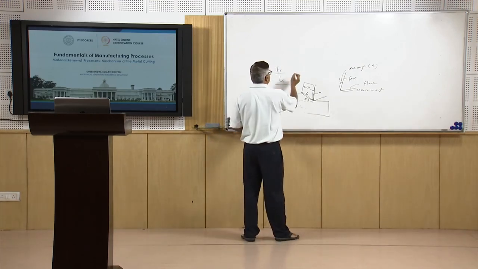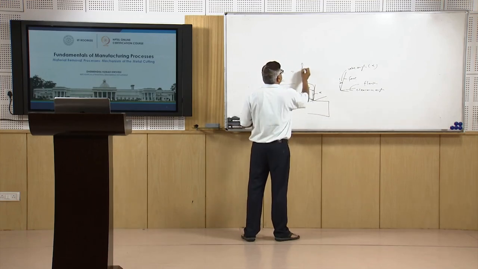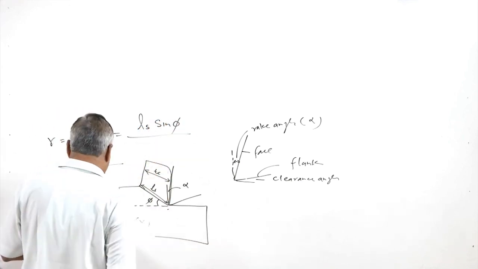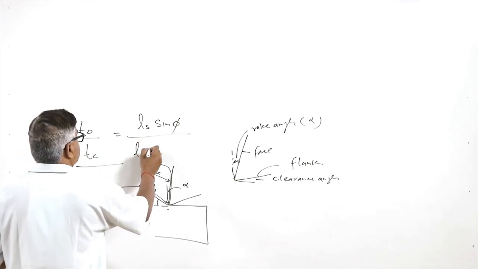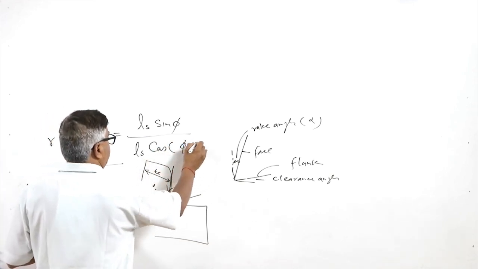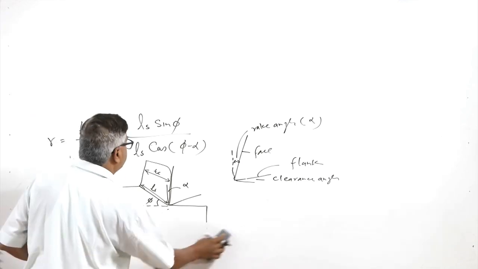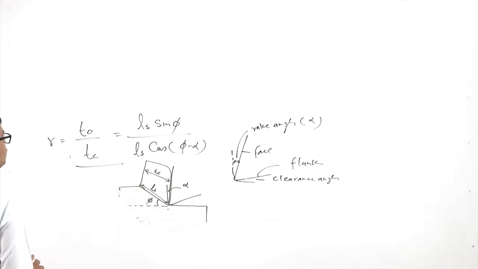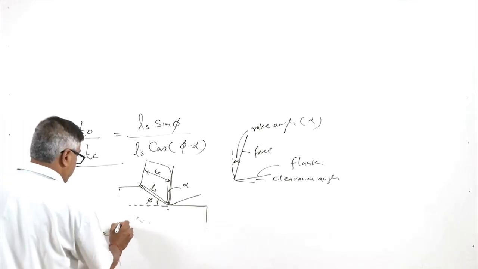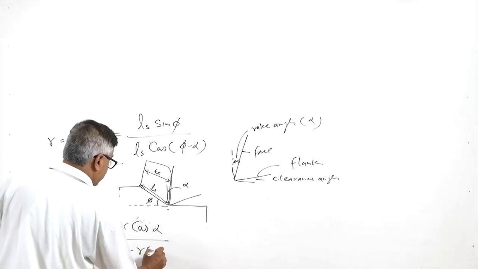We can write the chip thickness ratio as Ls sin phi divided by Ls cos(phi minus alpha). After rearrangement, what we get is tan phi equal to r cos alpha divided by 1 minus r sin alpha.